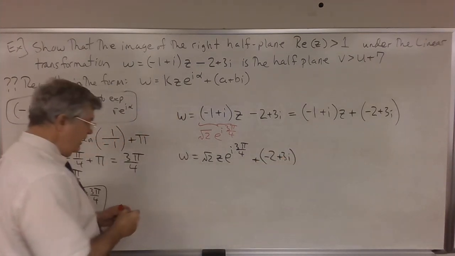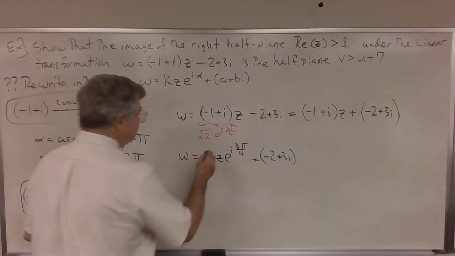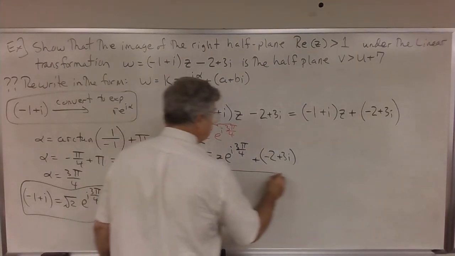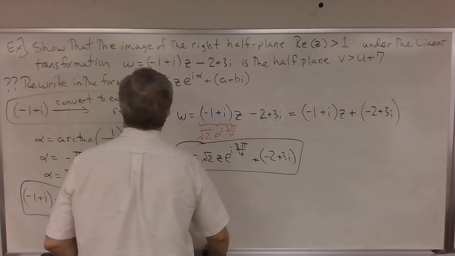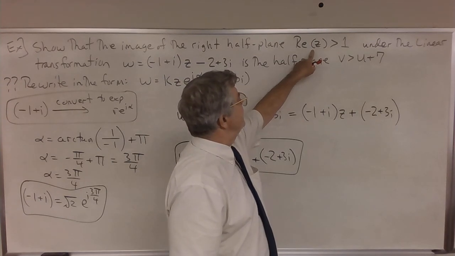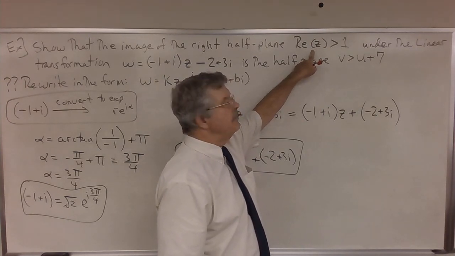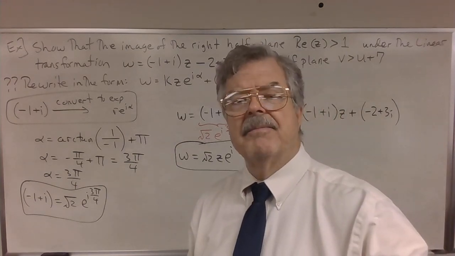That's my translation. And if I can, I'd like to do this geometrically. So I'll draw the original region, the half-plane real part of z greater than 1, and apply the rotation to it.